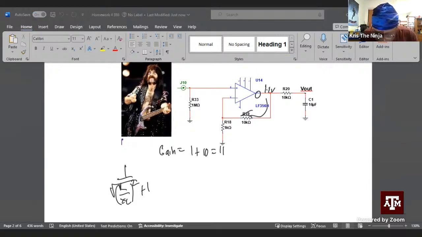So do 10K divided by that value, square that, plus 1, square root that. Gives you 1.1. My bad, multiply that by 0.1.